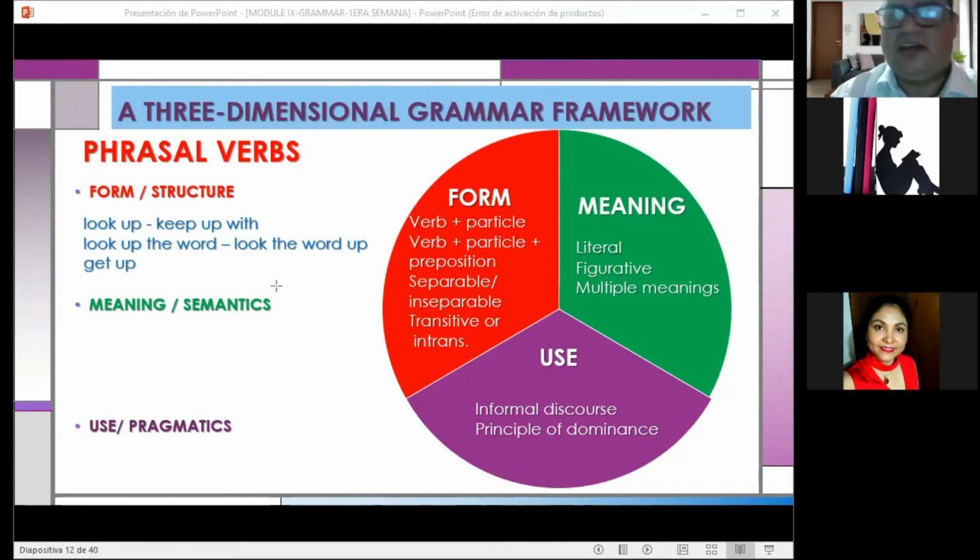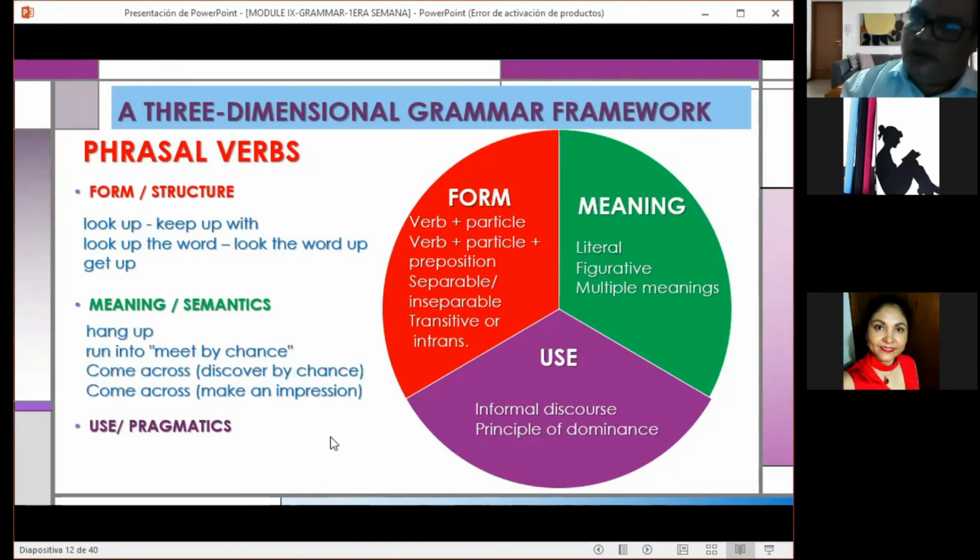All right. Let's continue with the meaning. Let's pass to the meaning. Again, here you have some examples. Literal meaning. So related to meaning, we could say that some phrasal verbs have a literal meaning. So it has a relationship between the verb and the particle.